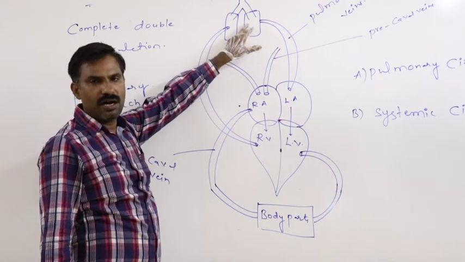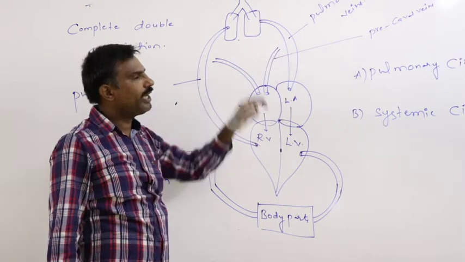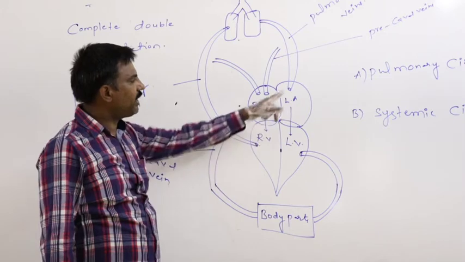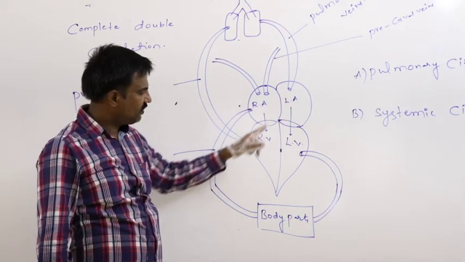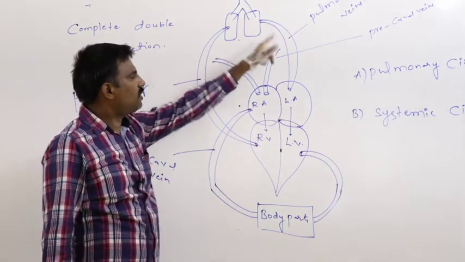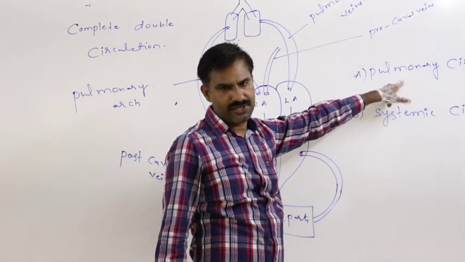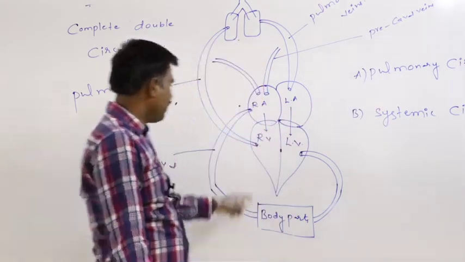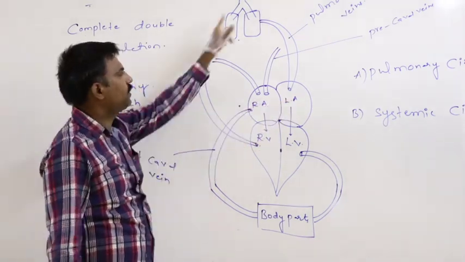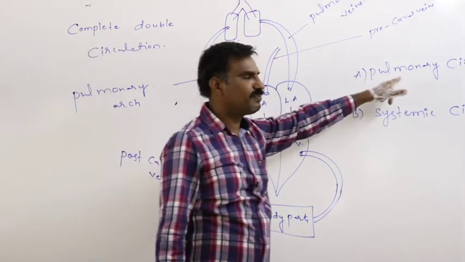From the right ventricle to left atria, this route of circulation of blood is said to be the pulmonary circulation.